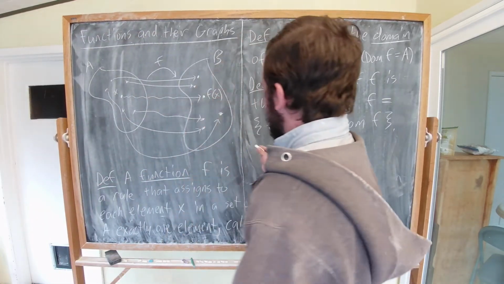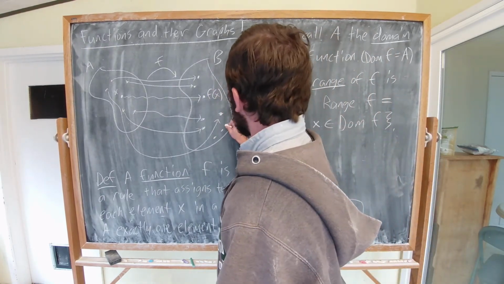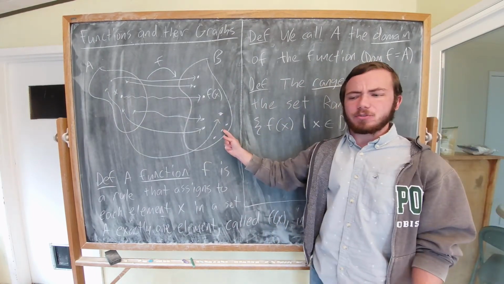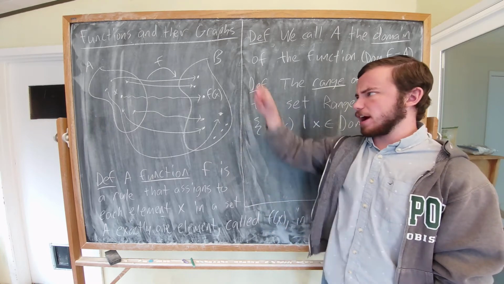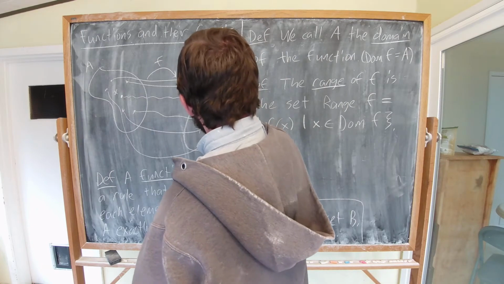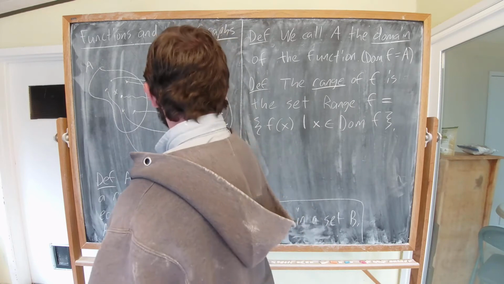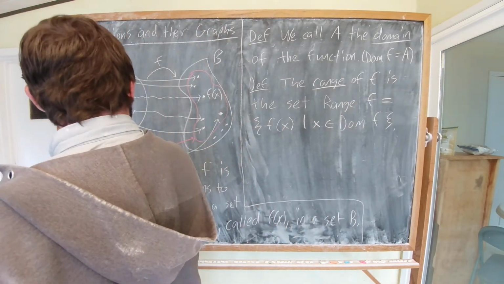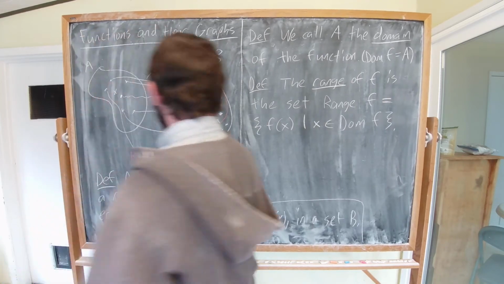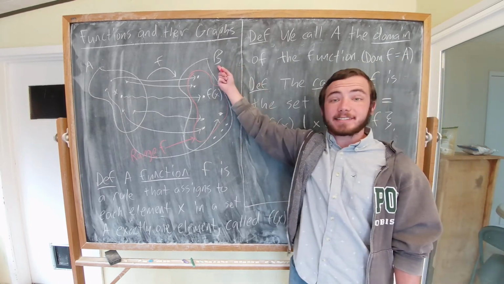But let's say B might have some more things inside of it than just the outputs of f. Well, we don't really care about these three elements of B that aren't outputs of f. As long as we're talking about the function f, I really only care about these ones. And this is the set that we call the range of f, the set of all possible outputs, and it sits inside of the codomain.